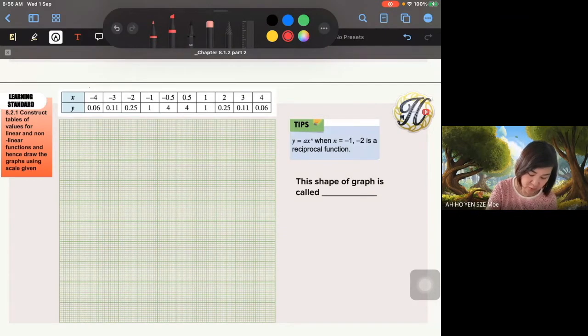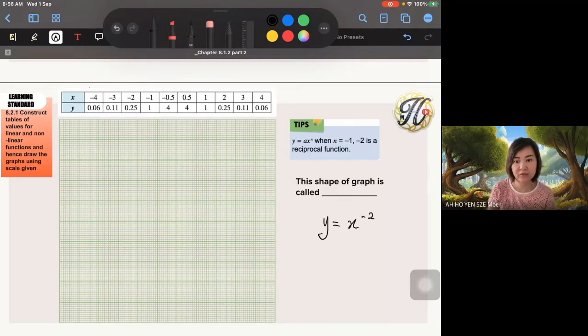The function is y equals x to the power of -2, without a constant value in front. X to the power of -2 is actually the same as y equals 1 over x squared. So as long as you have the table, no problem. Kalau jadual betul, plot graph dengan betul, so sudah dapat markah penuh.